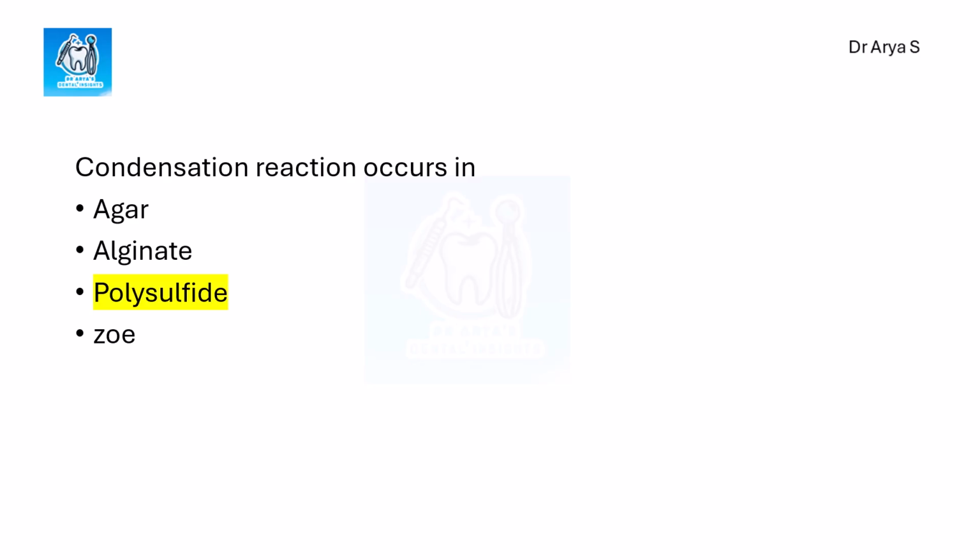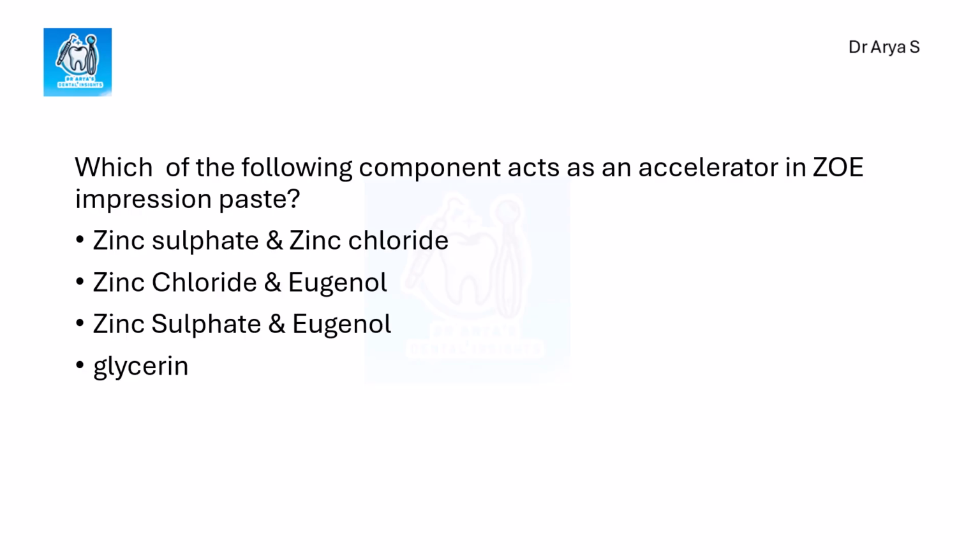Here the answer is polysulfide. Which of the following component acts as an accelerator in zinc oxide eugenol impression paste? Zinc sulfate and zinc chloride and eugenol, zinc sulfate and eugenol or glycerin. Here the combination of zinc sulfate and zinc chloride act as an accelerator in zinc oxide eugenol impression paste.